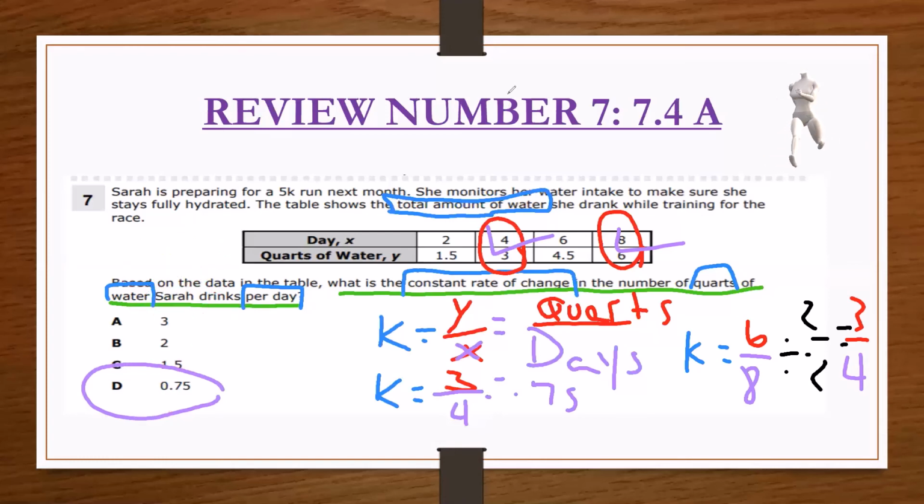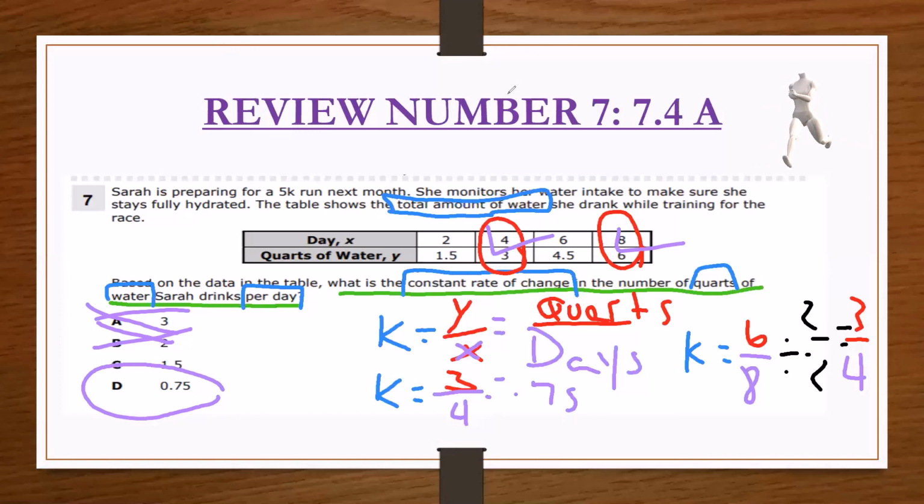Now, I want to go back and look at the problem real quick before we move on. I would have eliminated A because there's no constant rate of change that is 3 or 2. Now, C could have confused you because if you did not plug in your variables in the right spot, you would have come up with 1.5.